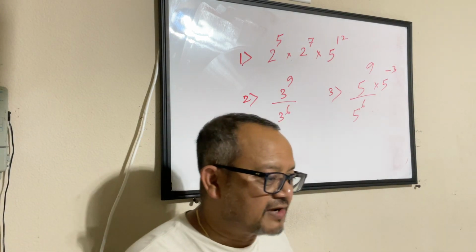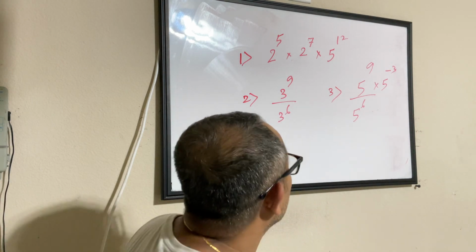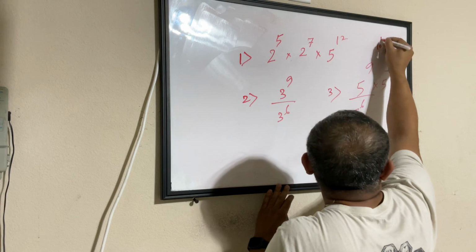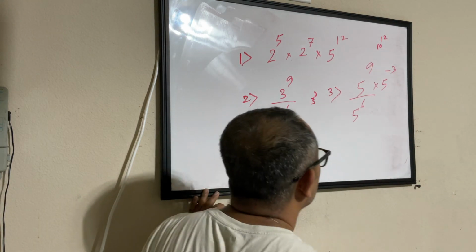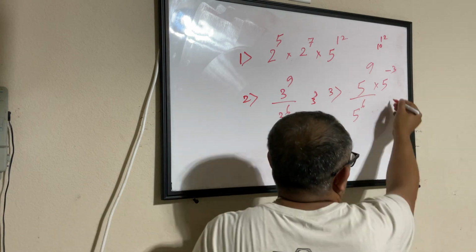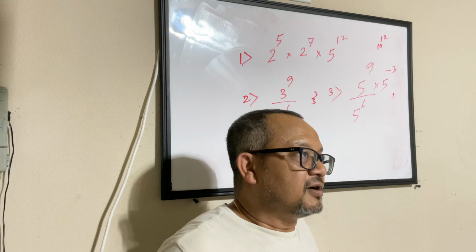Yes, Sanvita, go ahead. For the first one, I got 10 to the power of 12. For the second one, I got 3 to the power of 3. And for the third one, I got 1. Okay. Let's see what Tansi and Alexa got.